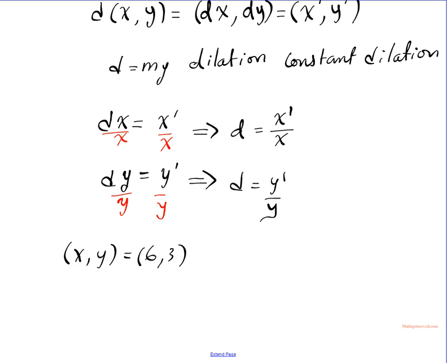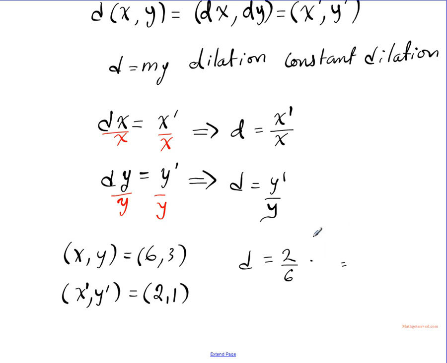And then my image, (x prime, y prime), under dilation is (2, 1). So if I wanted to find d using this formula, I'll just go x prime, which is 2, divided by x, which is 6. If I reduce this by dividing by 3, dividing by 2.